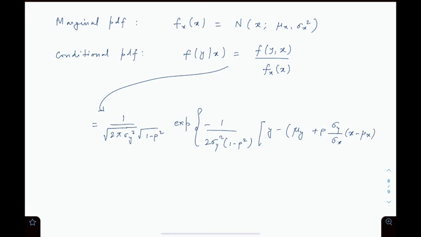Or in other words, this is a Gaussian with random variable y, and mean given as mu y plus rho sigma y by sigma x, x minus mu x, and the variance given as sigma y square times 1 minus rho square.